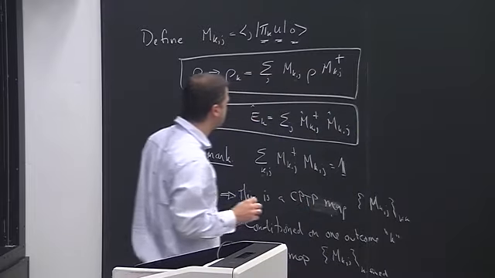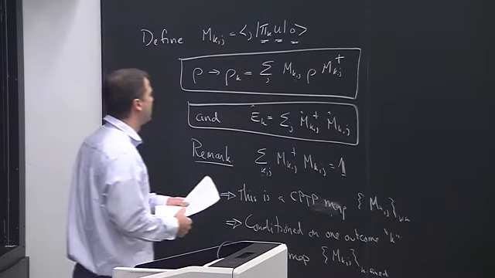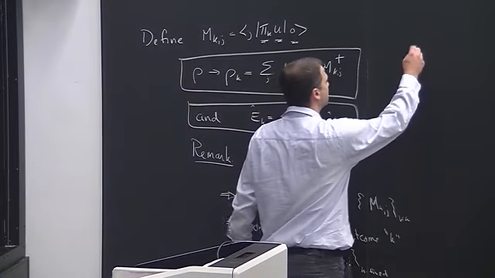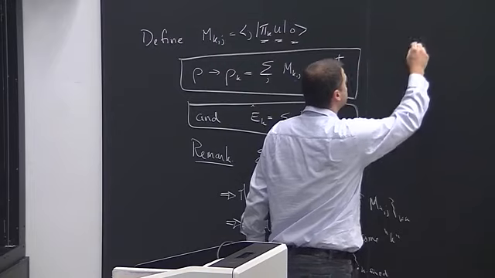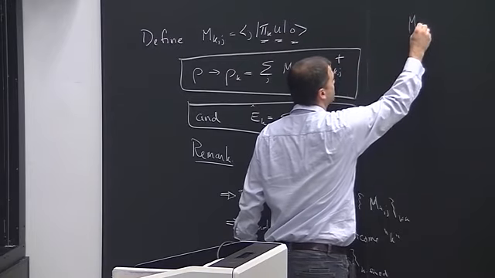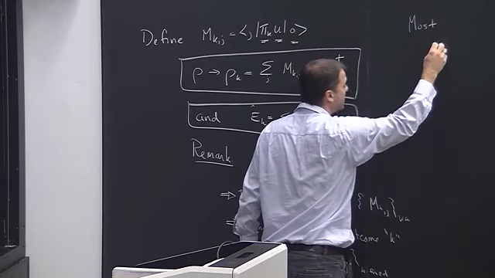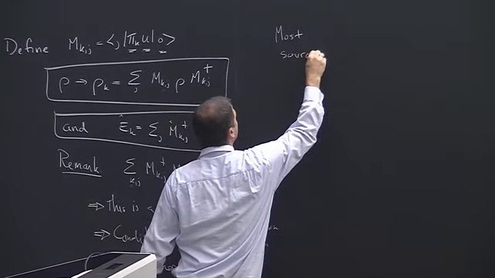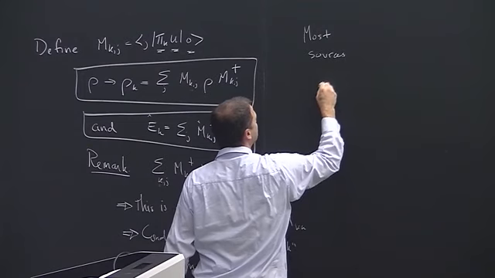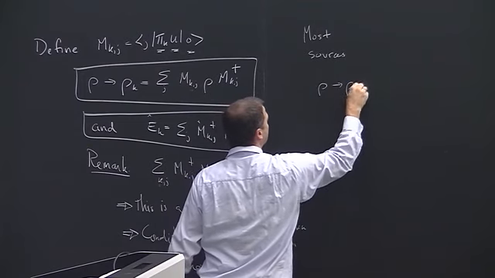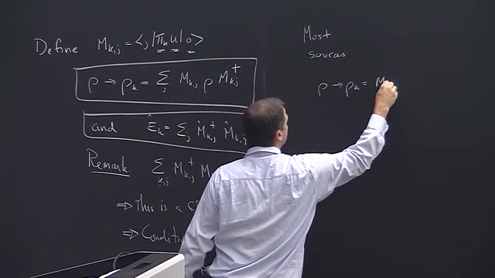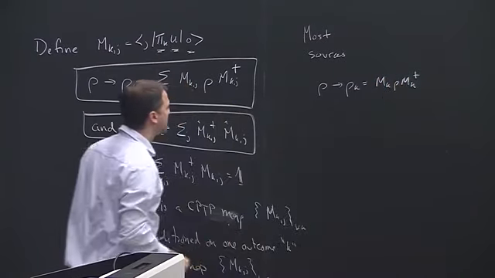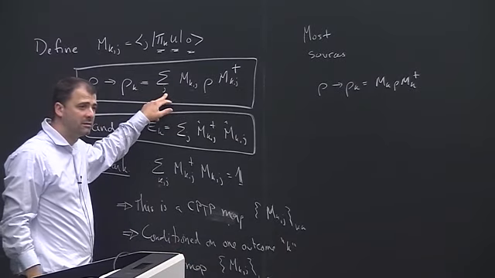Most textbooks, in fact all references I can find, give you as the most general update rule that rho goes to rho_k, which is equal to M_k rho M_k dagger, where there's no extra sum over j.